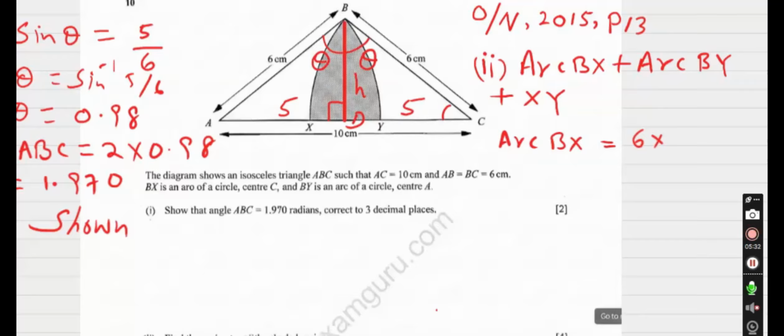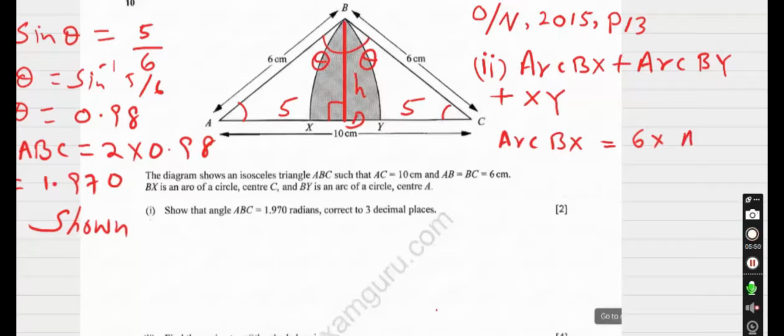And you know this angle C and this angle A must be equal because ABC is an isosceles triangle. So how to find the equal angle from an isosceles triangle if we have the middle angle? Very easy.